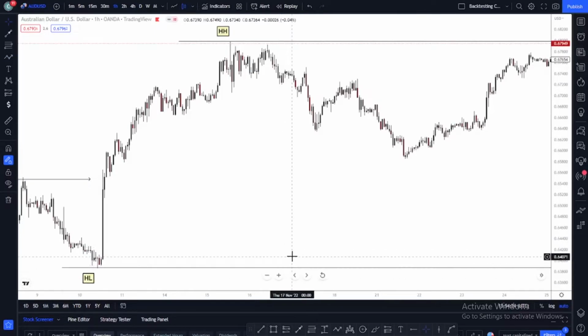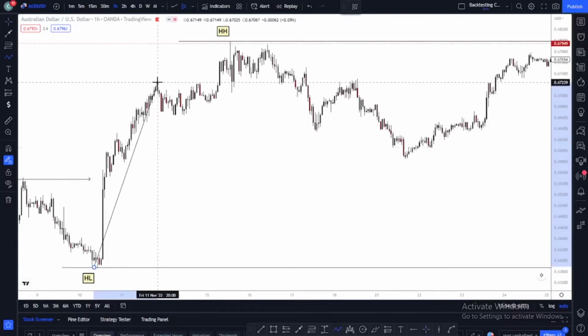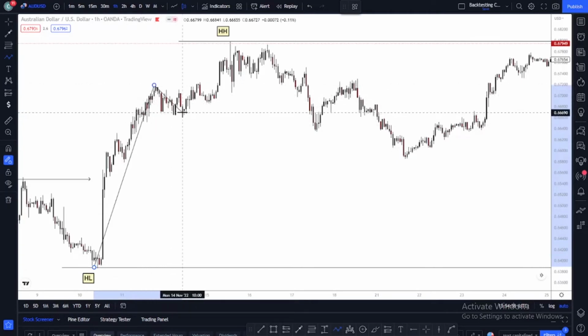So coming to the H1, what do we see price do? After price pushed to the upside, what did it do next? It created this higher low on the H1, which wasn't significant on the H4, but here it is. So it created this higher low on the H1 before finally making this higher high.